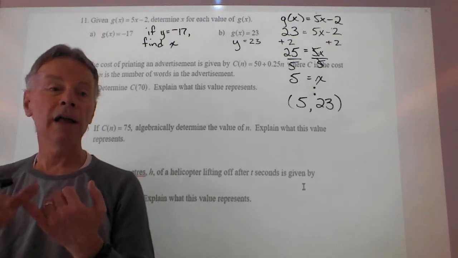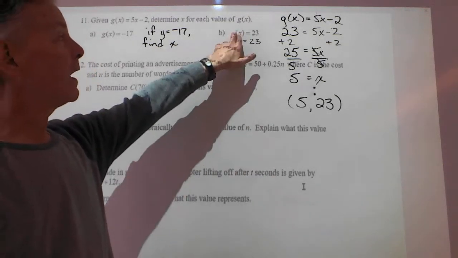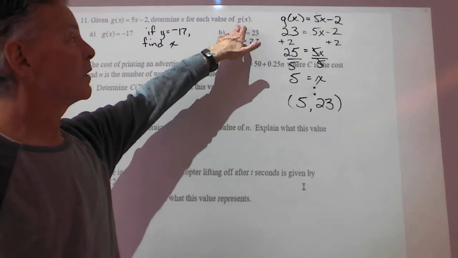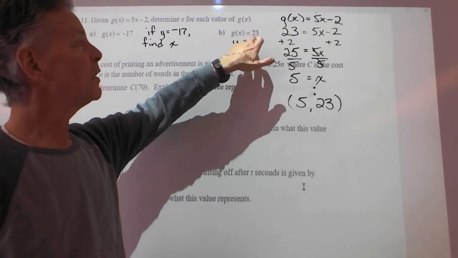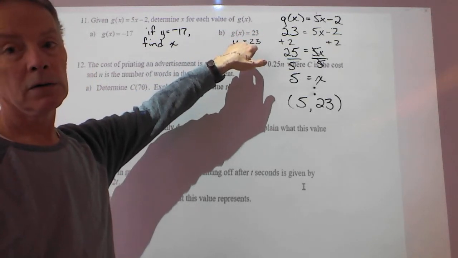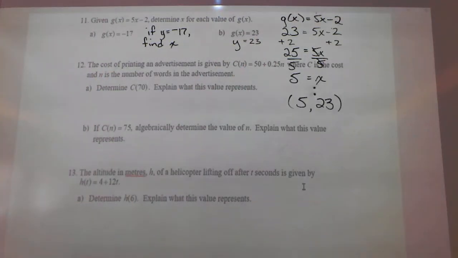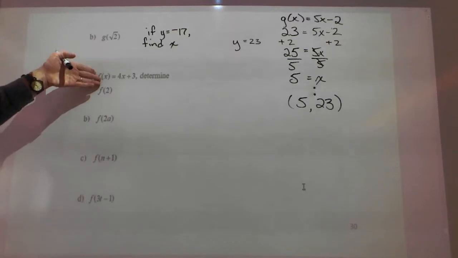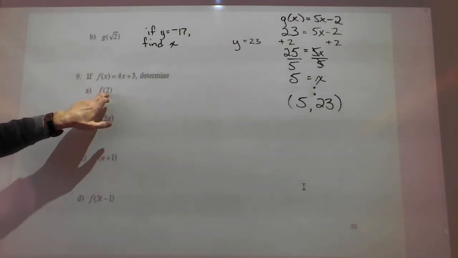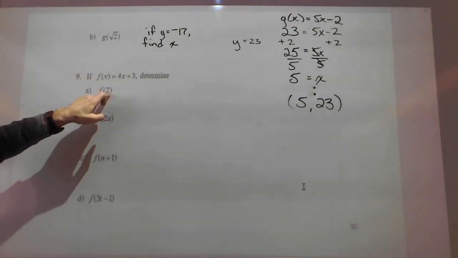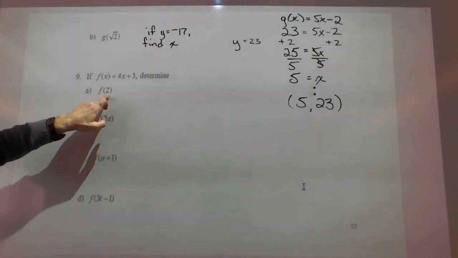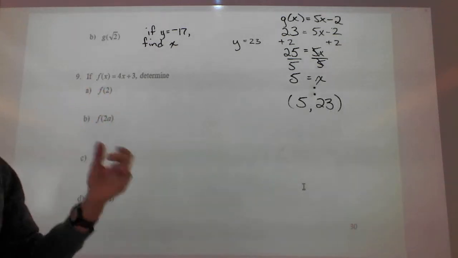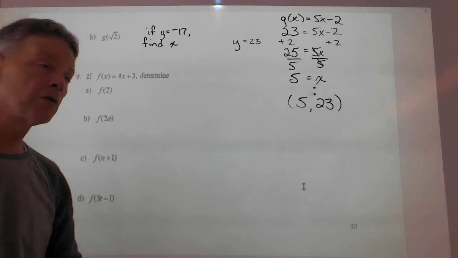So, if you're given a value for your function, g at x, that means they're telling you what y equals. On the other hand, if they give you something like this, where they actually plug a value in for x, then they're telling you what x equals and saying, okay, smart guy, solve for y.